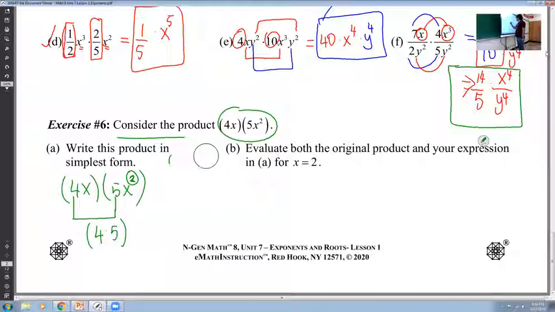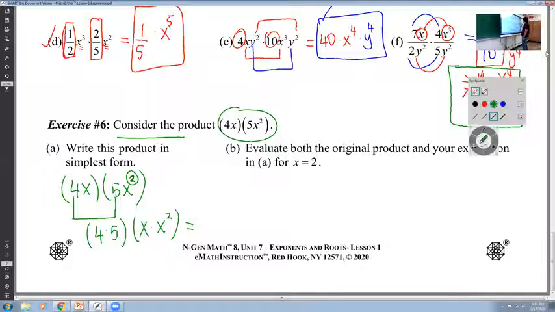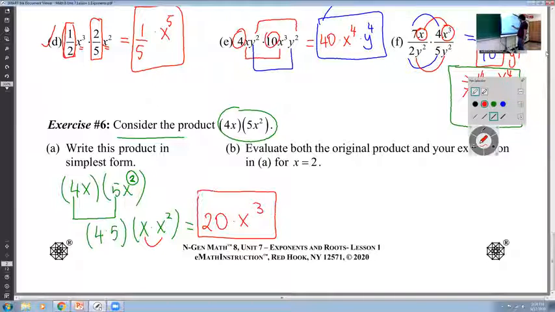But this exponent 2 is not outside the parentheses, so this power 2 is only for x. Now, how many times x is being repeated? 1x is coming from the first part, 2x is coming from the second part. The final answer will be 4 times 5 is 20, and x times x squared is repeated 3 times. So the final answer will be 20 times x to the power of 3.